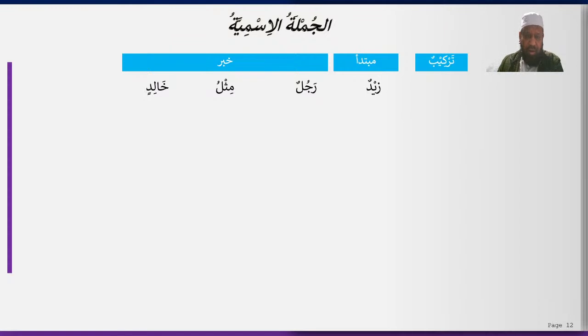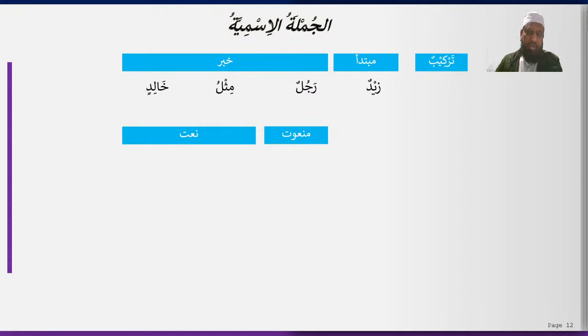Then within khabar we have man'ut, which is rajulun, man'ut, and all this is na't. So in the slot of na't, from here another thing we learn, that a na't also can be a slot.